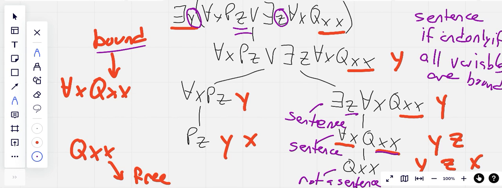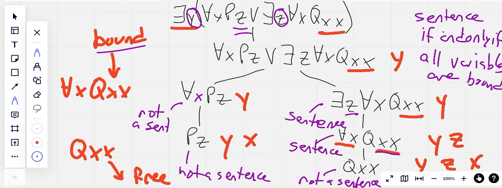Continuing on the other side, this is not a sentence because z is not bound. Here we quantified over x, but our variable was actually z. Since those two don't agree, we get that this is not a sentence because z here is unbound.